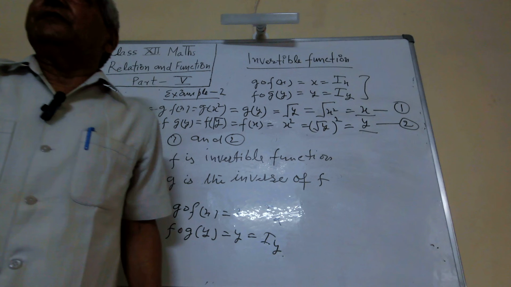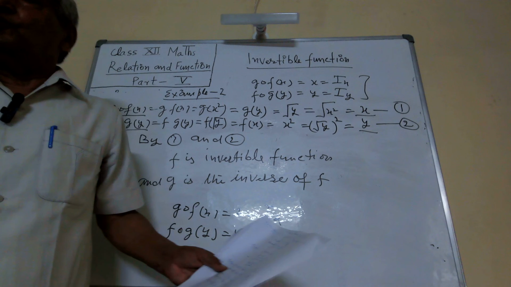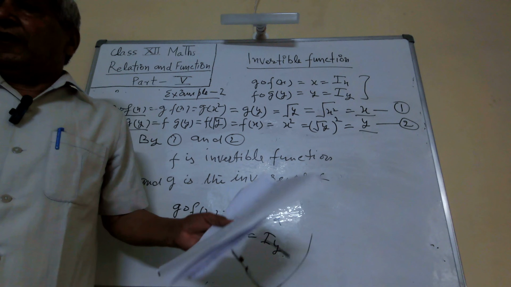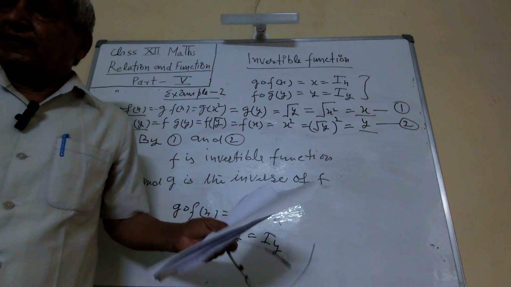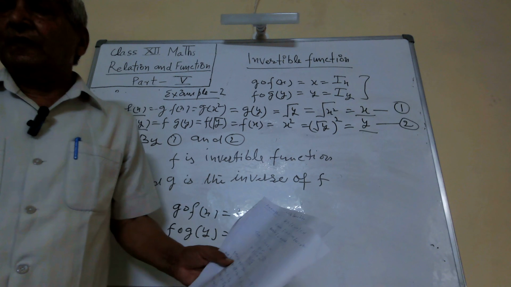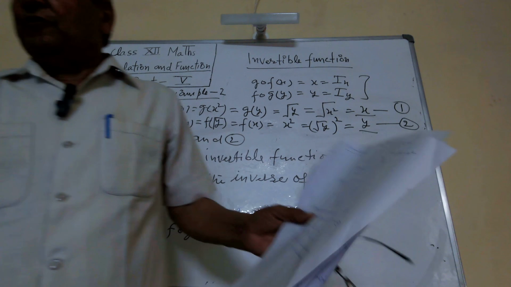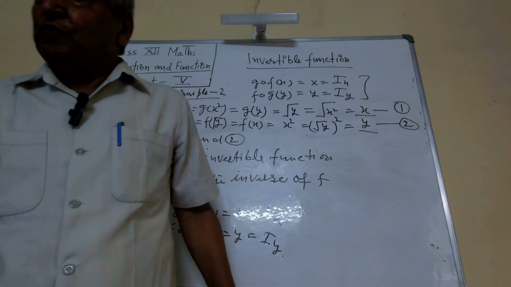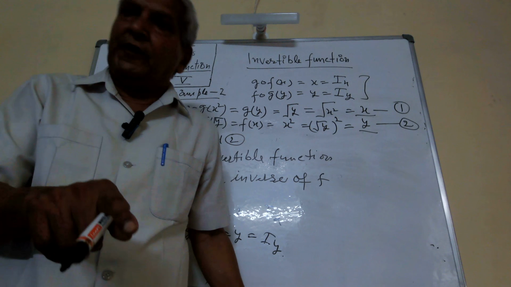By these two examples, I think you have understood the definition of invertible. And if you get any question from your textbook, you can solve it very easily by this method. One thing I want to tell you more, if any function is one-one and onto, that function will be invertible.